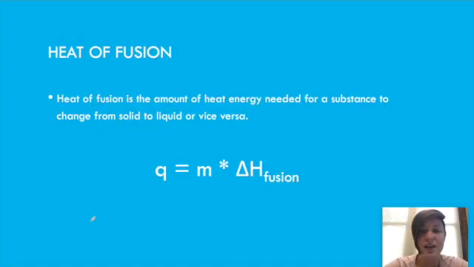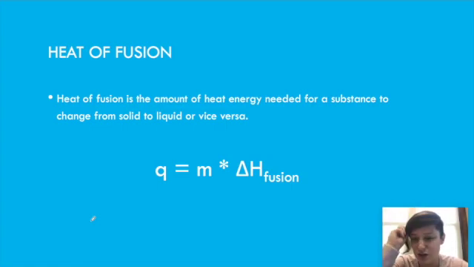The heat of fusion is the amount of heat energy needed for a substance to change from a solid to a liquid, or vice versa. The way that we calculate that is we take the mass and multiply it by the heat of fusion. We don't actually have to figure out what this delta heat of fusion is.